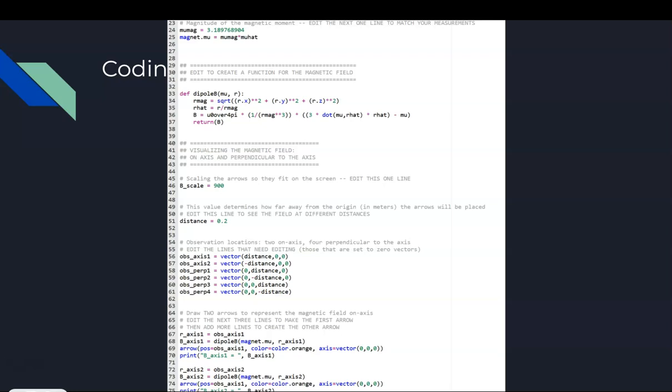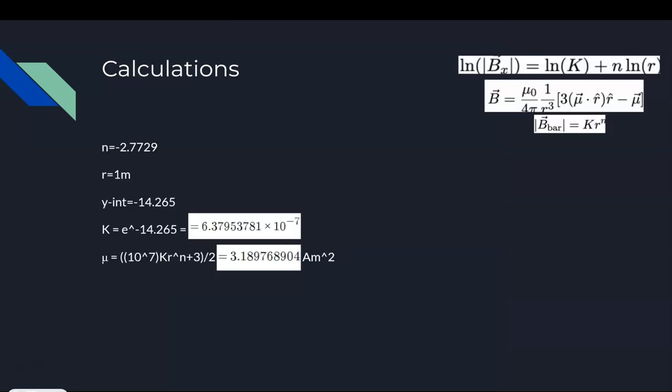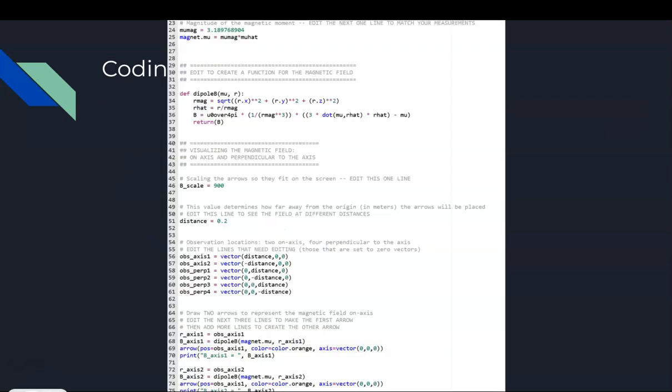Now, this is the coding portion of it. What we just showed you, mu, back here, I plugged that up top, and then I created a function for magnetic field. I made sure the scaling distances were appropriate. I edited the observation locations to make them work.